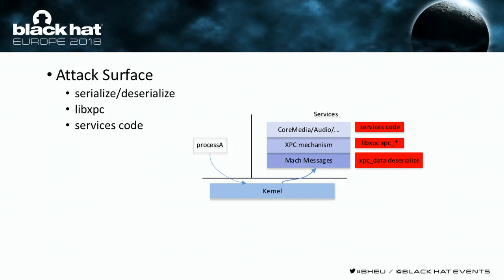Finally, the corresponding XPC service will receive the data it accepts and complete its tasks. However, we cannot ensure that the data can be processed correctly in all these steps. Actually, many vulnerabilities related to these three steps have been disclosed.